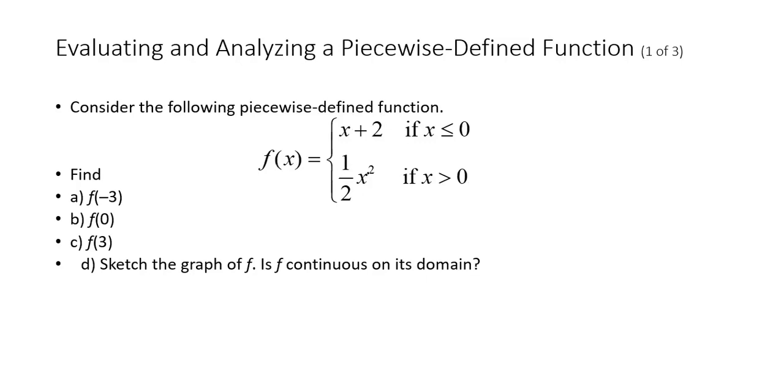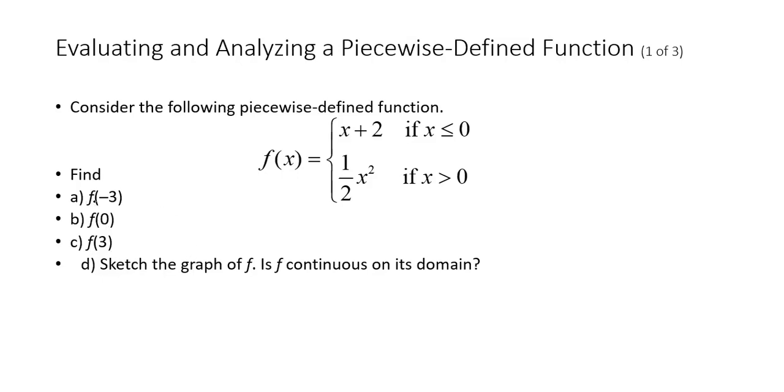It's 1/2 x squared, some sort of parabola. You should be able to find the values for different numbers for this function. So f of minus 3, f of 0, f of 3, and so on can be calculated here.